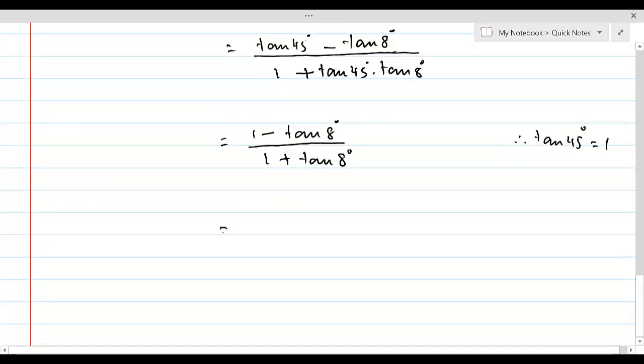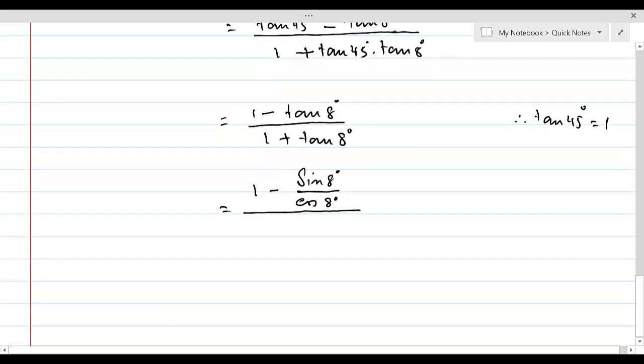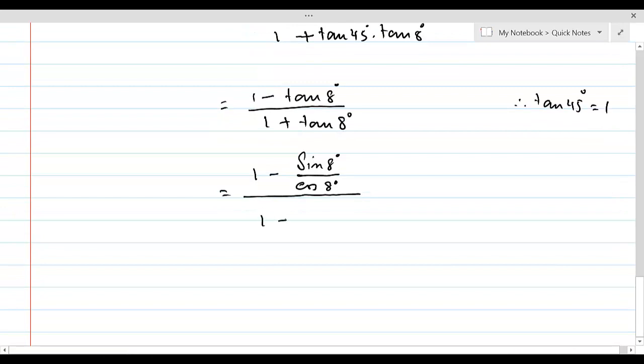Now if we write down the value for tan, like sine 8 degrees over cos 8 degrees, this becomes 1 minus sine 8 degrees over cos 8 degrees, divided by 1 plus sine 8 degrees over cos 8 degrees.